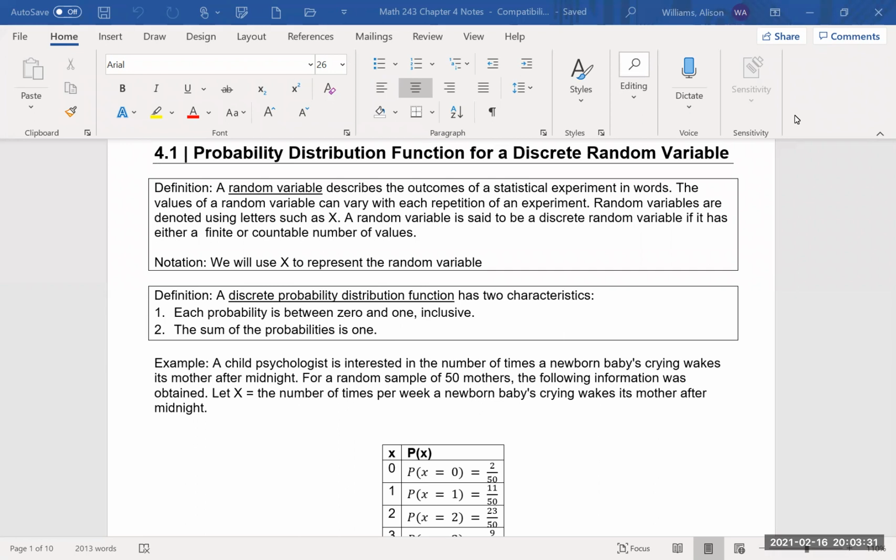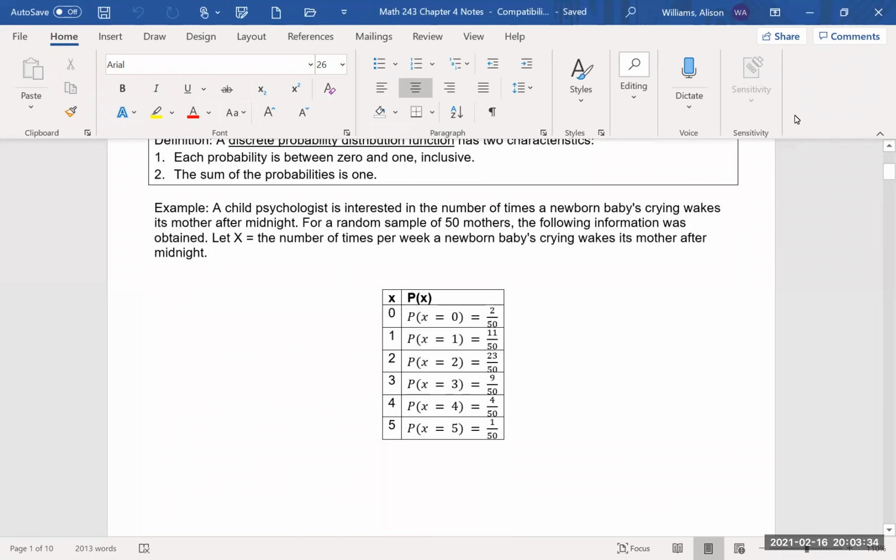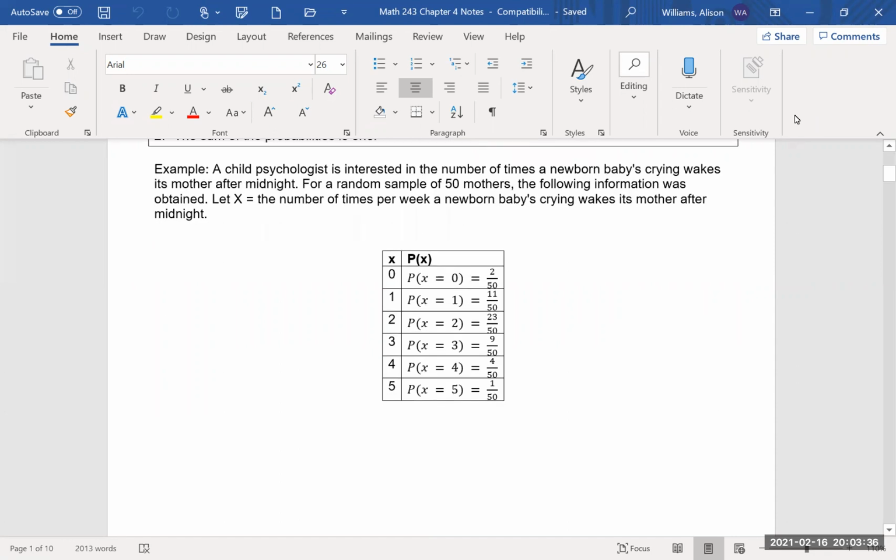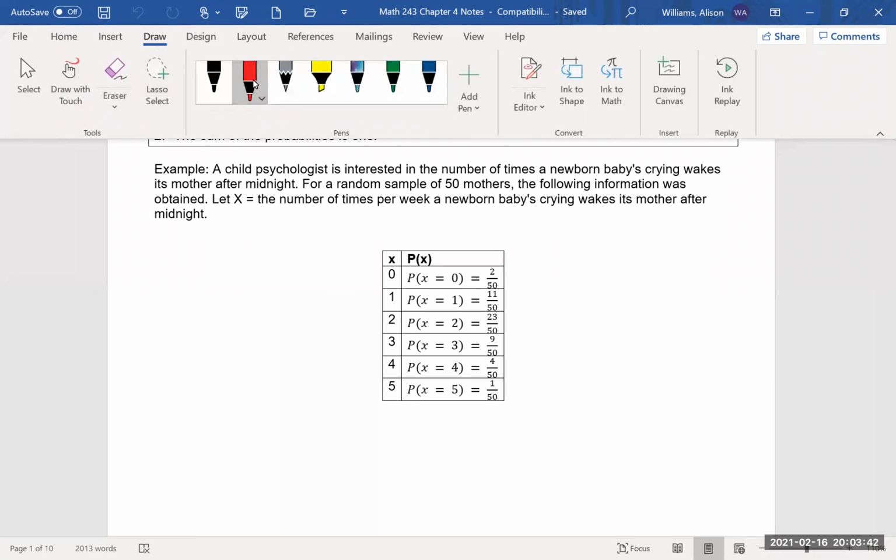Okay, so let's look at this example here. The child psychologist is recording this data. So we understand what this table is representing, these are the number of times the baby woke up the mom. Technically, it's after midnight, meaning they're assuming that maybe the mother is asleep too and the baby is waking the mom up at that point.